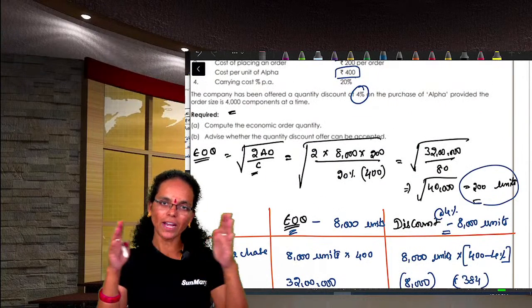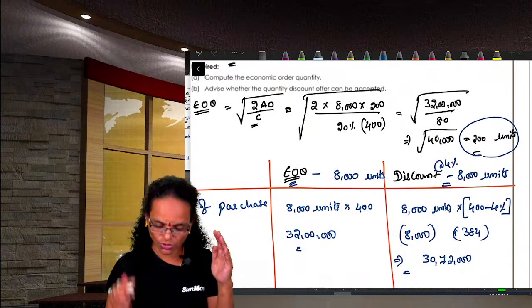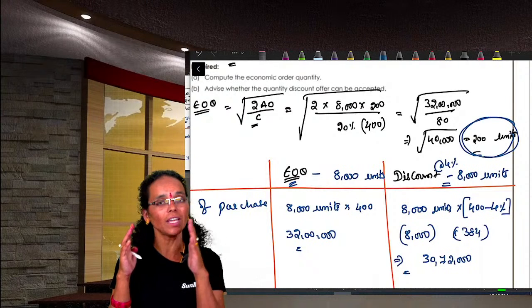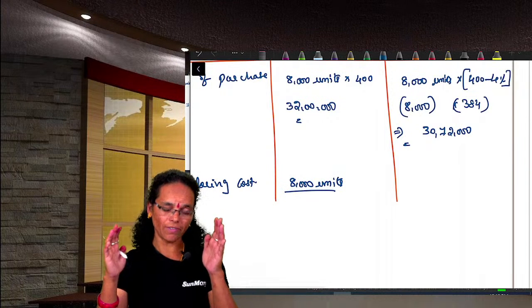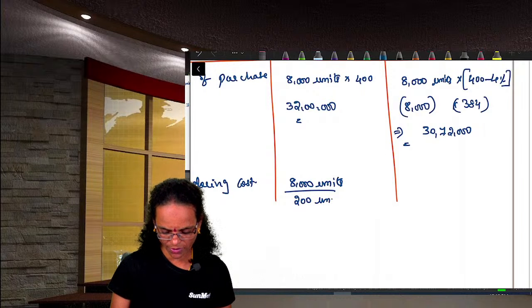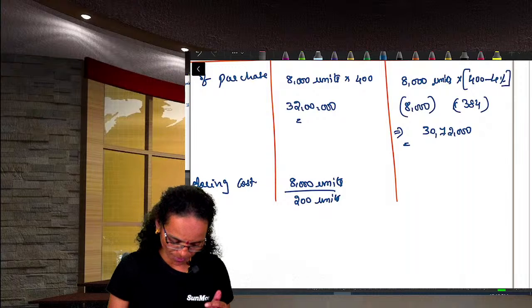Our demand for the year is 8,000 units, but we are placing a request for only 200 units in a single go if we are going under EOQ method. Every time we are placing a request for 200 units.